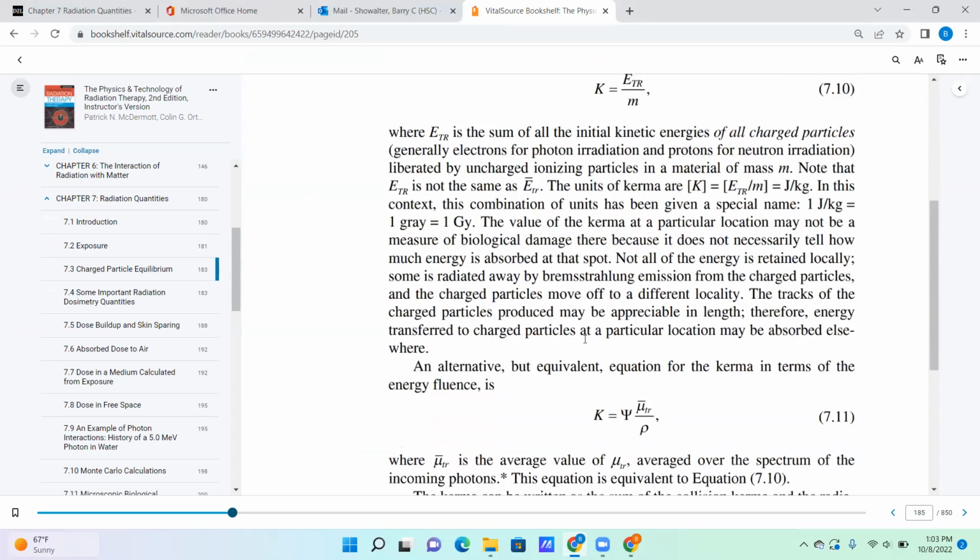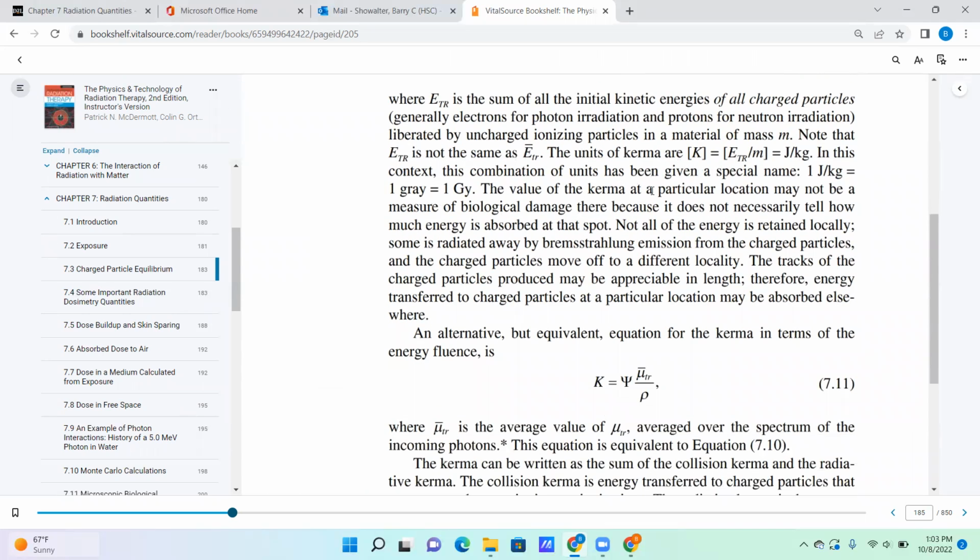It's called a gray. The value of the kerma at a particular location may not be a measure of biological damage there, because it doesn't necessarily tell us how much energy is absorbed at that spot. Note, not all of the energy is retained locally. Some of it's radiated by Bremsstrahlung emission from the charged particles, and the charged particles move off to a different locality. The tracks of the charged particles produced may be appreciable in length.